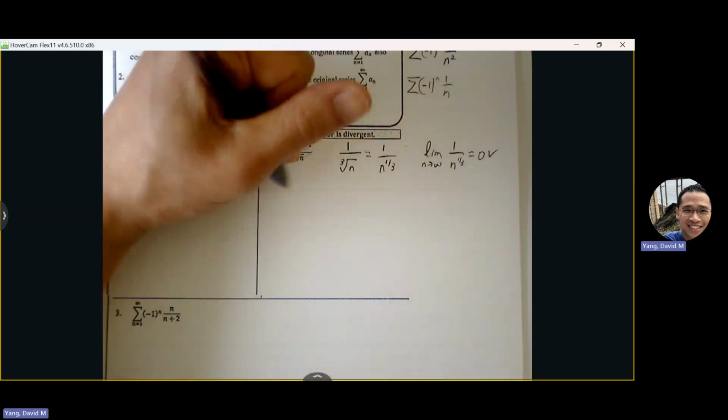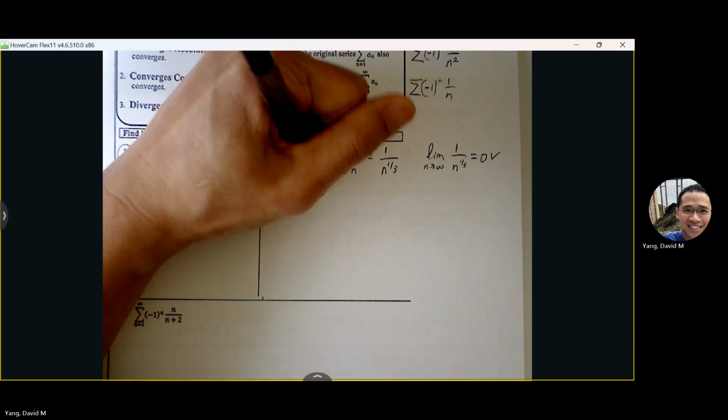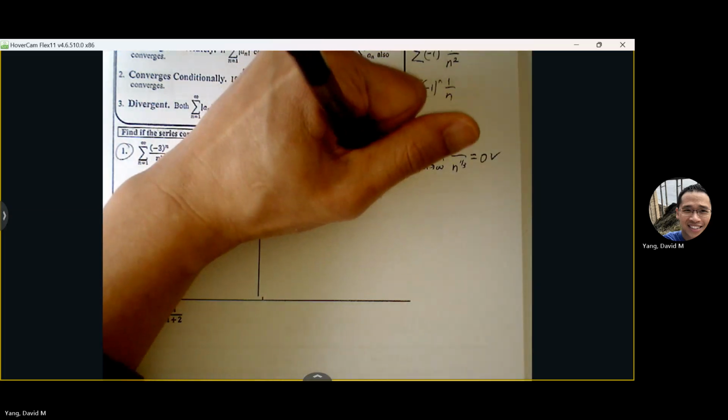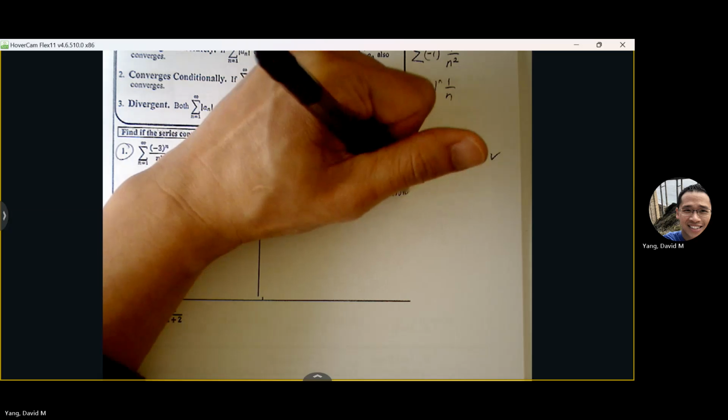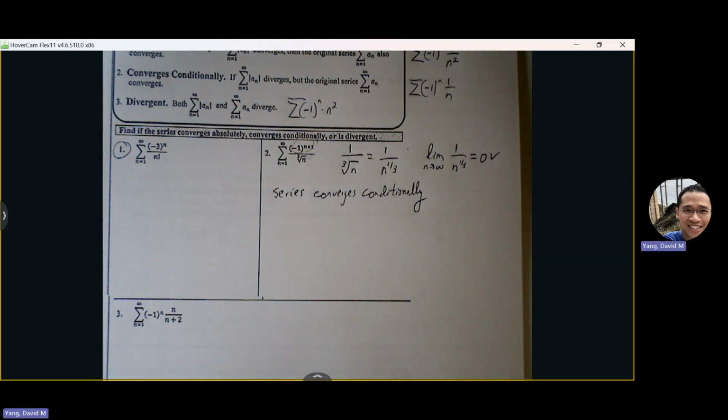So we can say that this series converges conditionally. On its own, it diverges, but with the help of an alternator, it does become convergent.